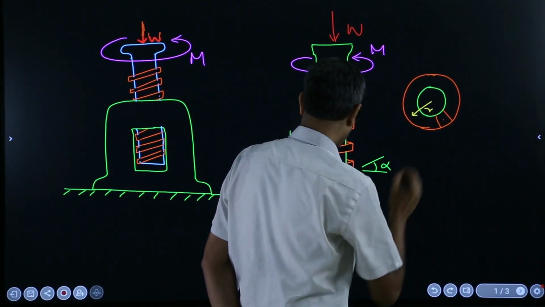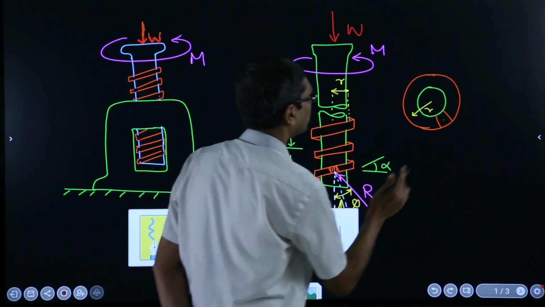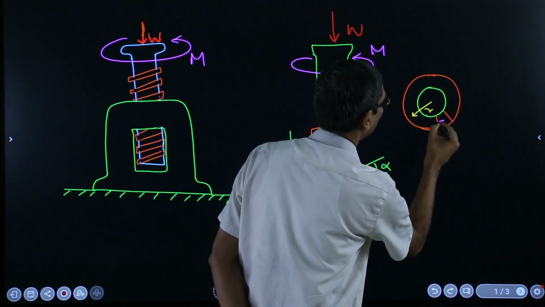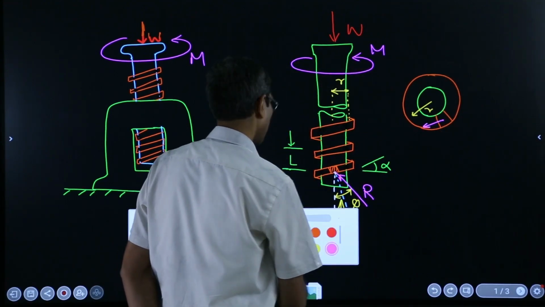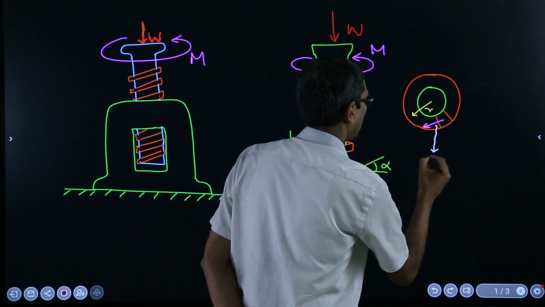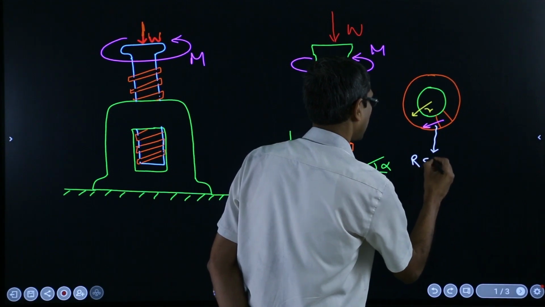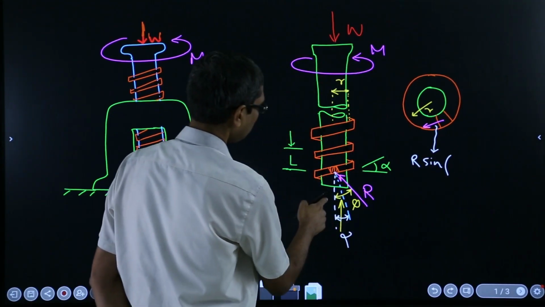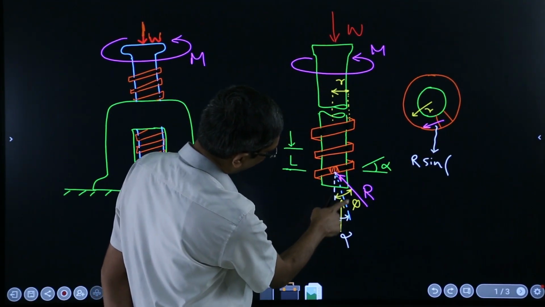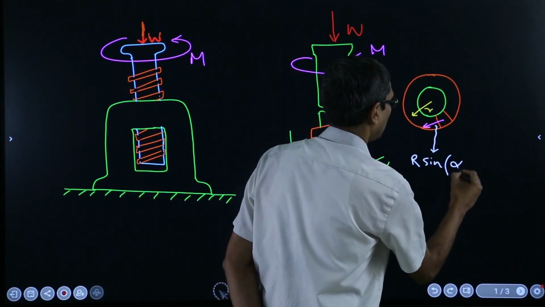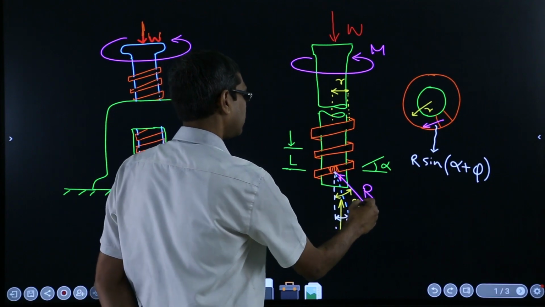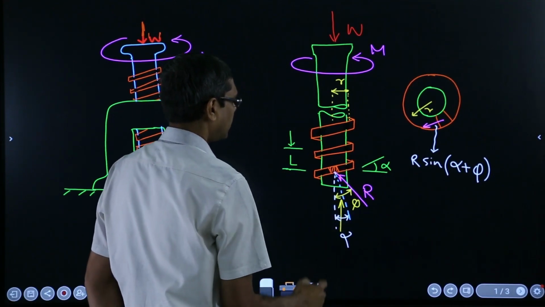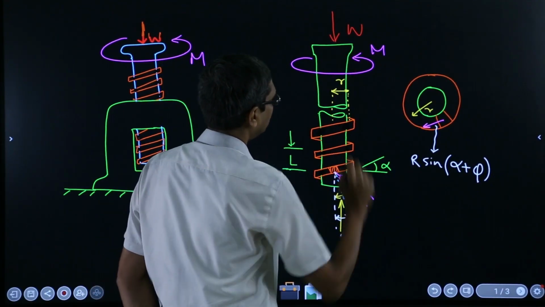I'll show this in purple color. This is R sine of alpha plus phi, and the vertical component will be actually balancing W.